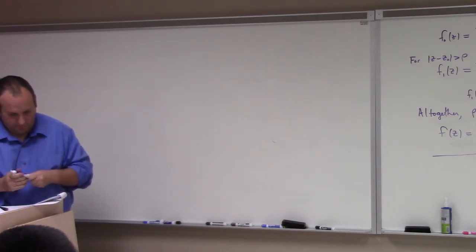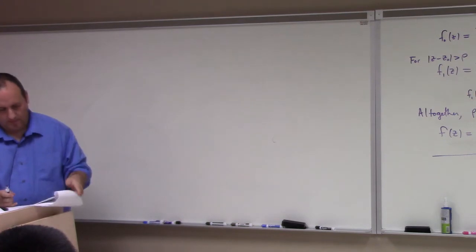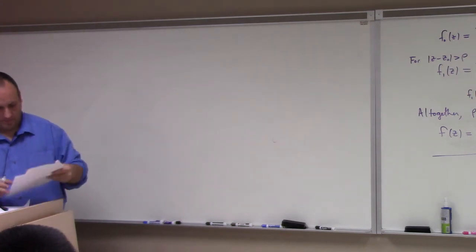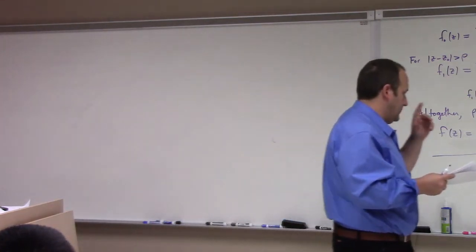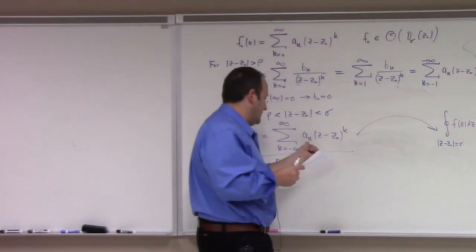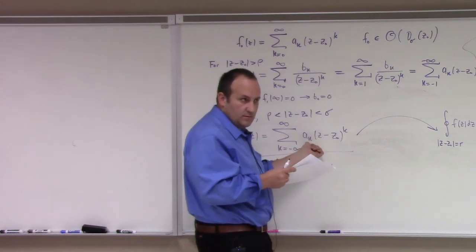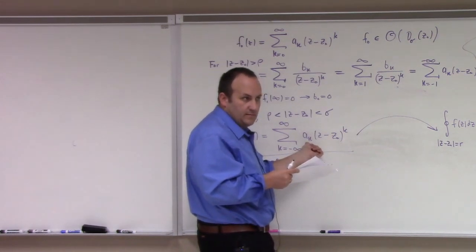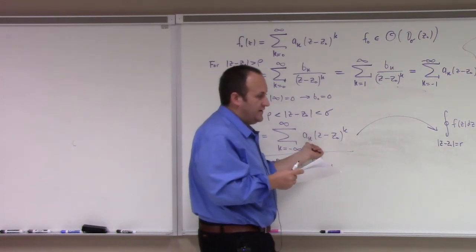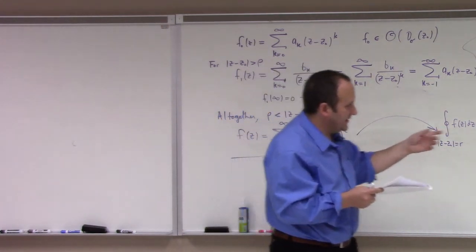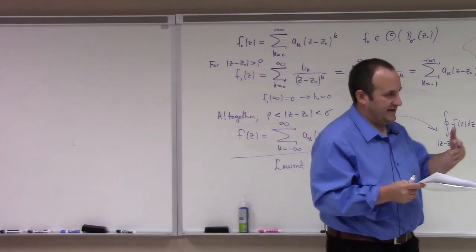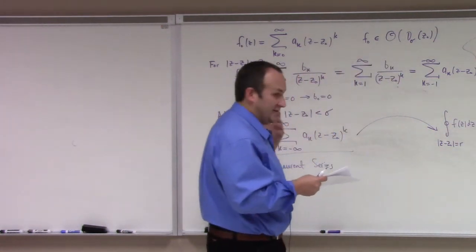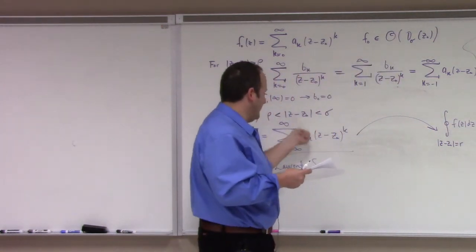So in short, the larger question is, what are the values of a sub k? I mean, we just figured out that a minus 1 gives you the integral, right? So the natural question to ask, that's the question I asked in the notes, I just failed to remember the question, which is, well, what about the other coefficients?